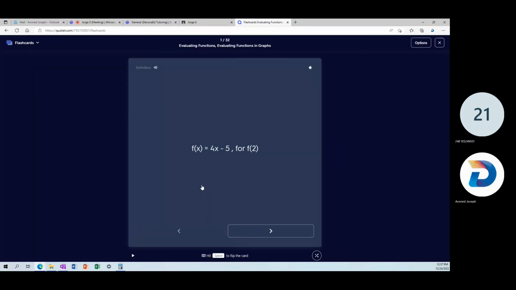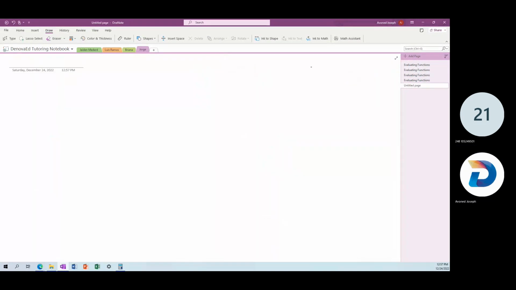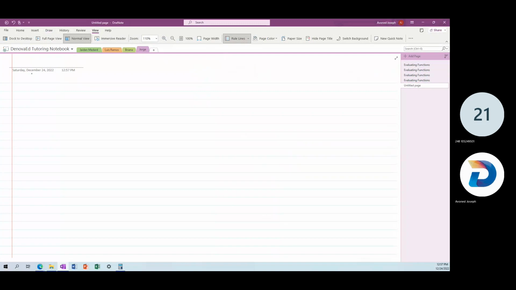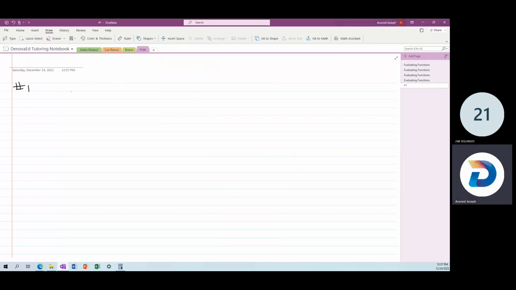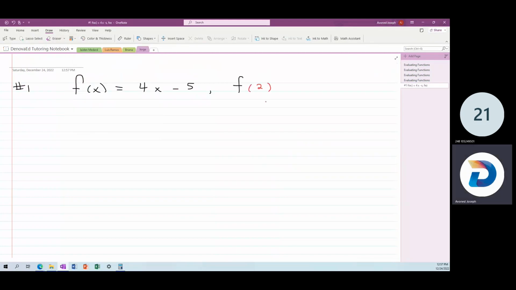I got it. All right, so for number 1, our equation is f of x is equal to 4x minus 5, where f of x is equal to what number? 2, right?